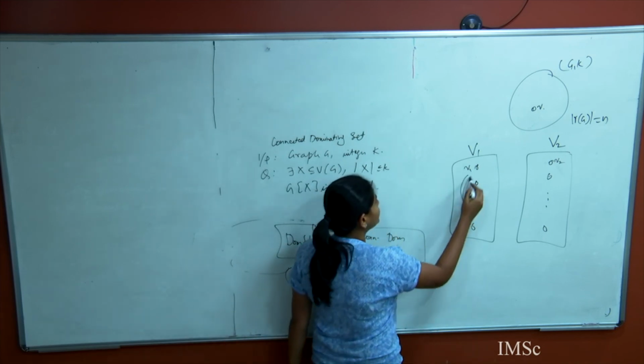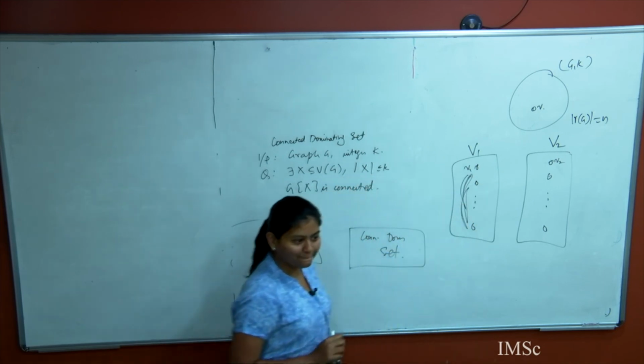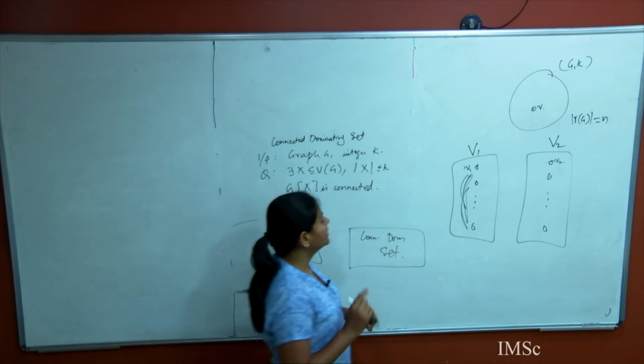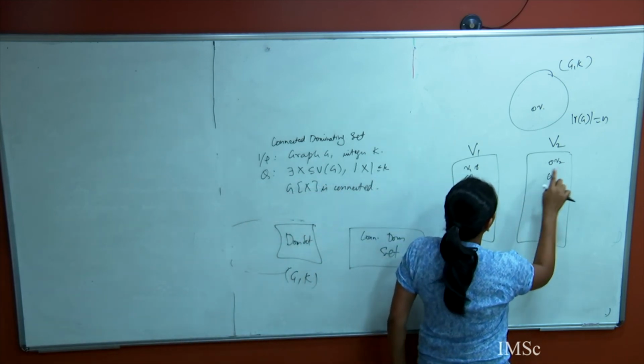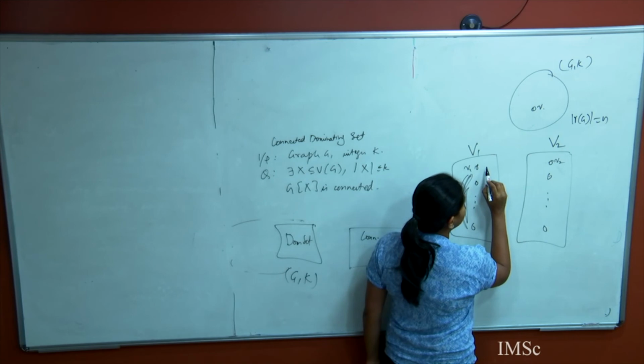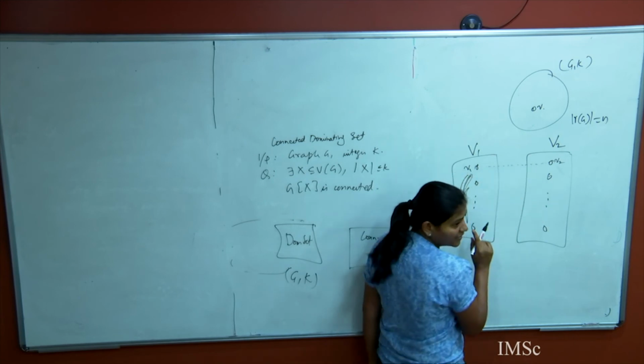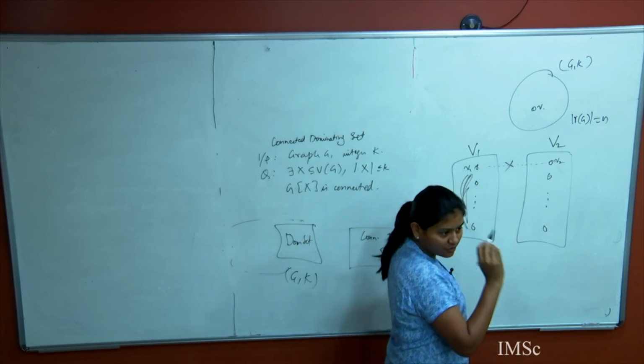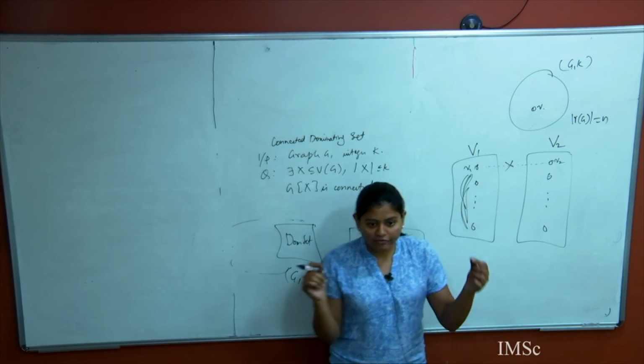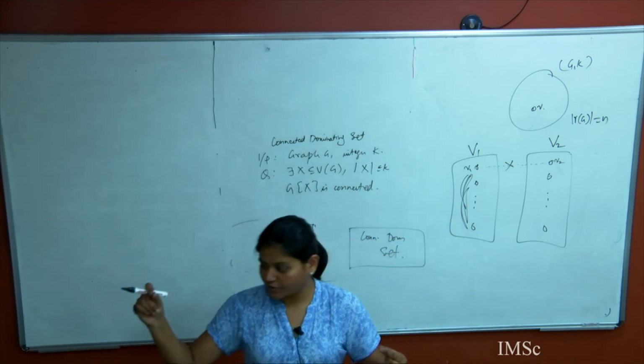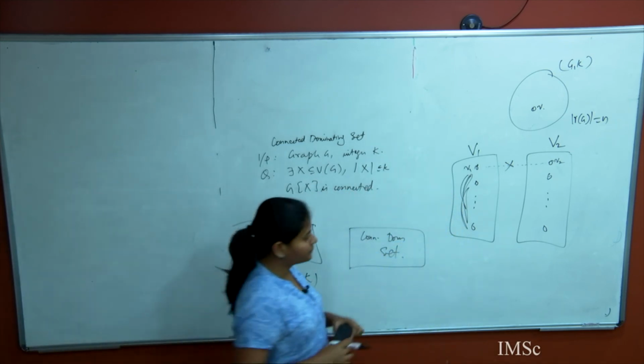So now I create here a clique, okay? Now I don't add edges between the same copies. For a vertex I have two vertices V1 and V2, and I do not add edges between them, okay?